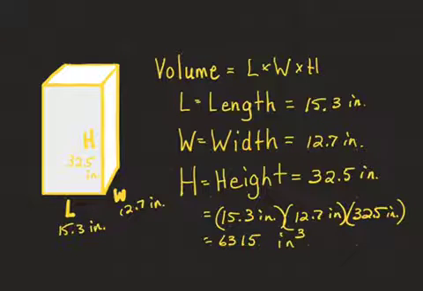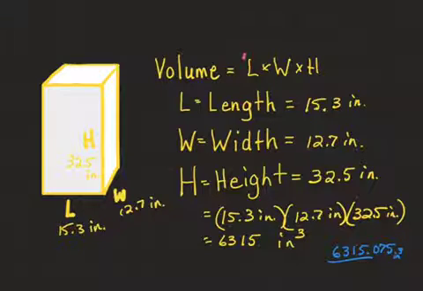That's equal to about 6,315 cubic inches. If you must know, on the calculator it actually said 6,315 and 75 thousandths of a cubic inch. But we're just rounding it to the whole number.